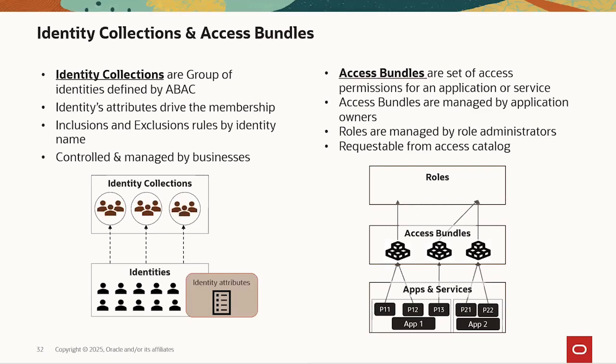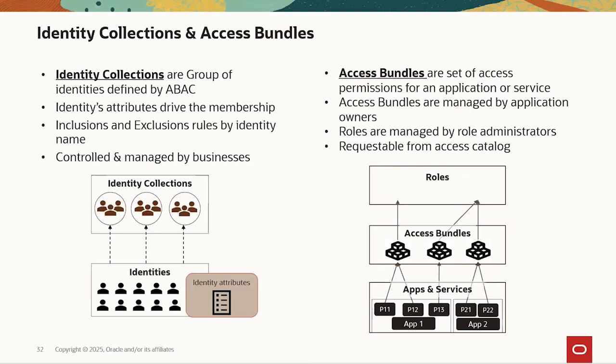Similarly, if you have to give even one user or 5 users access to 100 different systems, it will take a lot of time. So you can create access bundles as well. An access bundle is basically, again, a logical grouping of targets to which you can provision or deprovision users, whether it is birthright provisioning or policy-based provisioning, doesn't matter.